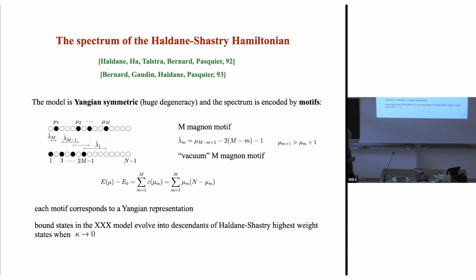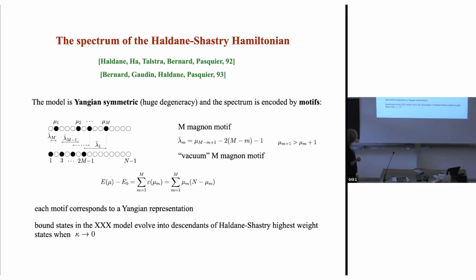And if you try to count the number of states that you can generate with these rules, you see that there are not so many of them. So in order to span all the Hilbert space, you have to find the states somewhere. So each of these states comes with a huge degeneracy, which is given by the Yangian generators.